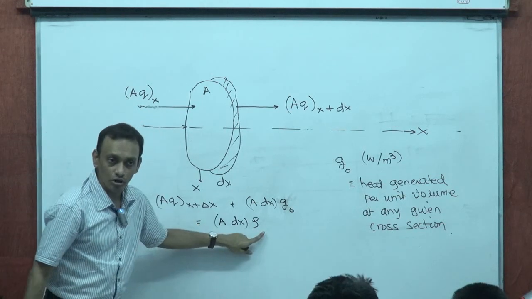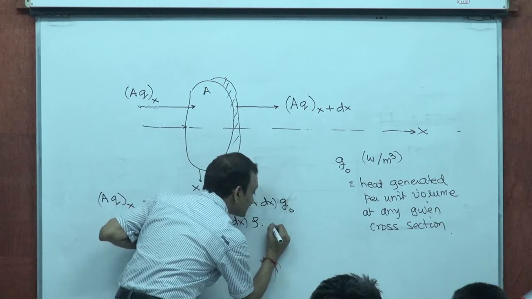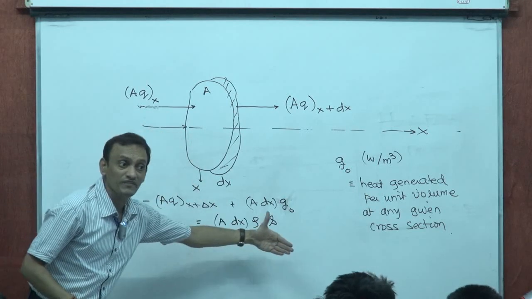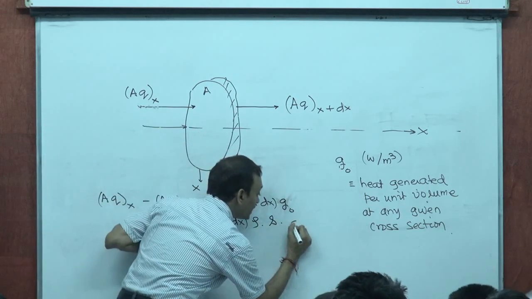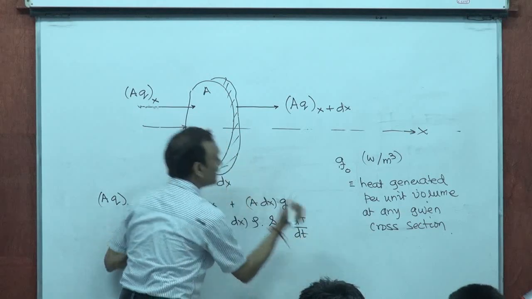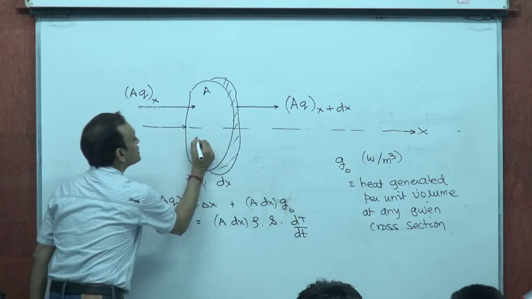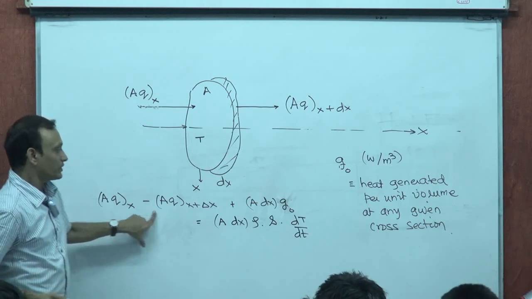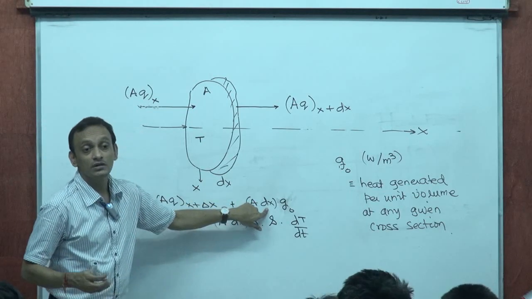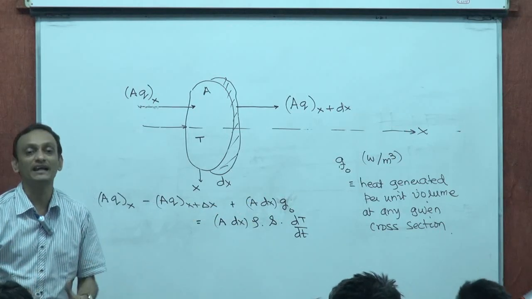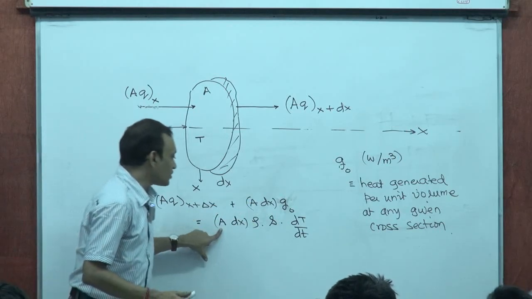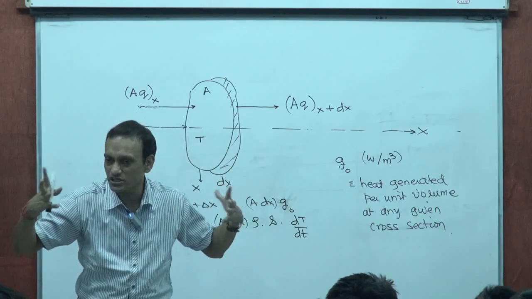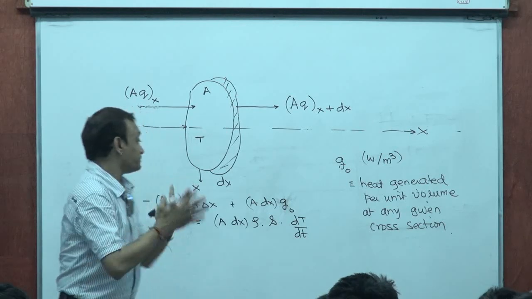A into dx into rho, that's a mass, into let's say S is the specific heat of the material of which this is made, and into the rate at which temperature changes with time. T is the temperature at x. So this is the heat that is accumulating every second. These many watts, where does it go? It goes towards increase of temperature of this thickness, right?